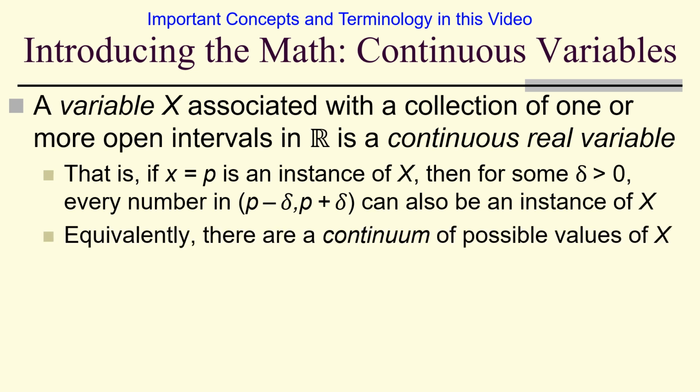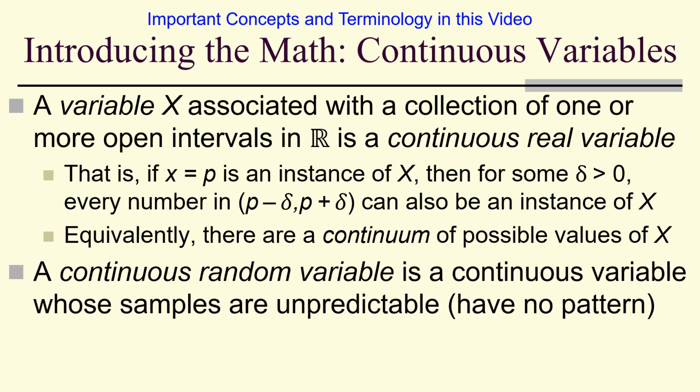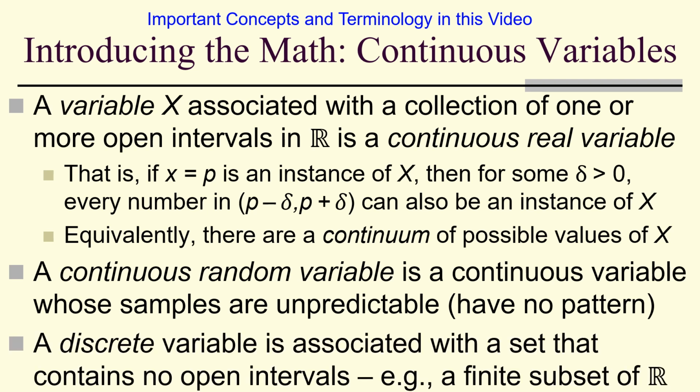In other words, there's a continuum of possible values of x. A continuous random variable is a continuous variable whose samples are unpredictable, have no pattern. A discrete variable is associated with a set that contains no open intervals, such as a finite subset of R.